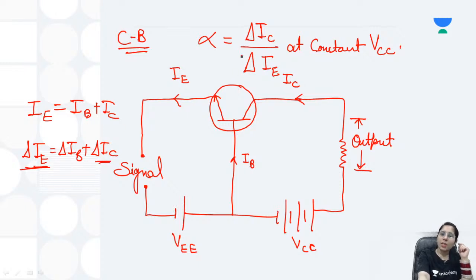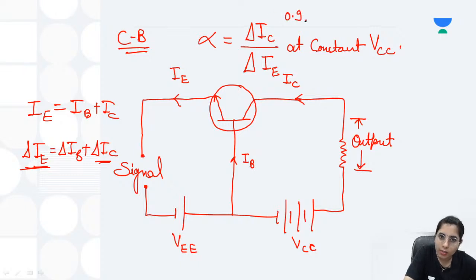It means the ratio will have a value smaller than 1. So what is the meaning of that? It can have a value less than unity. So the current amplification factor in case of common base connection will be less than unity. The reason I have told you. Other than that, the practical values of alpha can lie from 0.9 to 0.99.